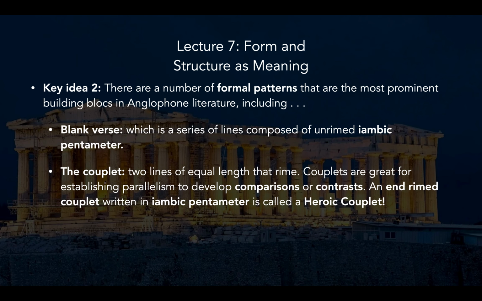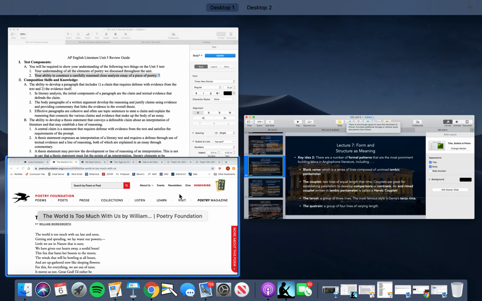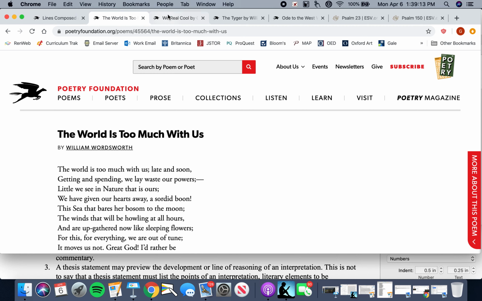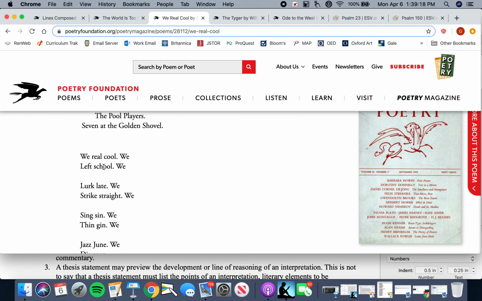Now not all couplets are heroic couplets. Does that make sense? Not all couplets are written in iambic pentameter. For instance, take note of this example of a poem written in couplets: "We real cool, we left school."